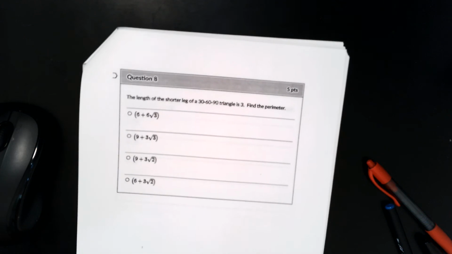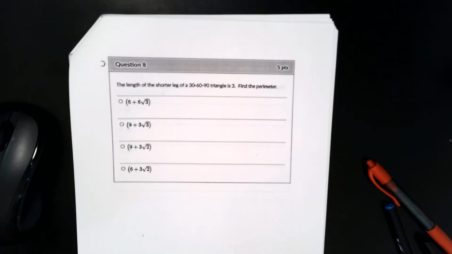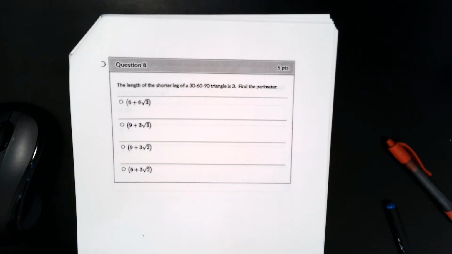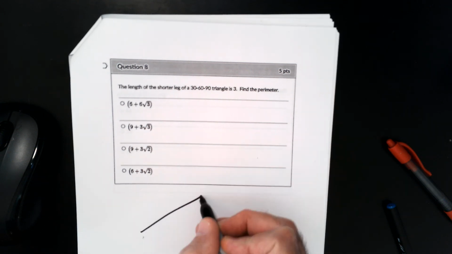All right, question 8. The length of the shorter leg of a 30, 60, 90 is 3. Find the perimeter. Oh, okay. So perimeter means we're going to have to find all 3 sides and add them up. All right, so let's draw us a 30, 60, 90.